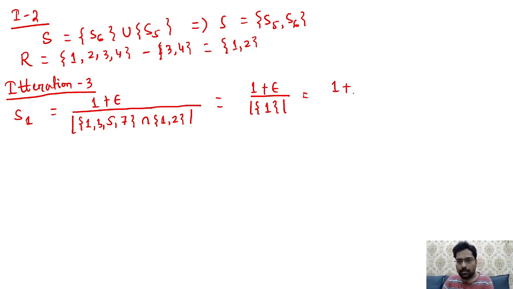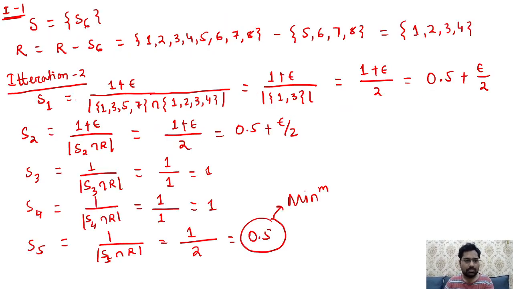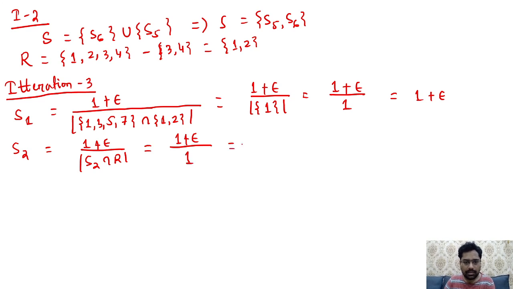So 1 plus epsilon by 1, which is 1 plus epsilon. The epsilon value ranges between 0 and 1, so it might be 0.5, anything. Then 1 plus epsilon divided by S2 intersection R, where 1, 2 is there, so here only 2 is a part of it. So I'm directly writing that one element could be found.